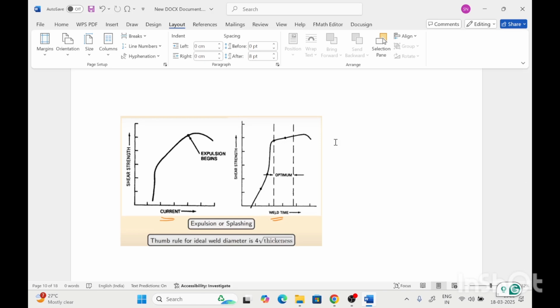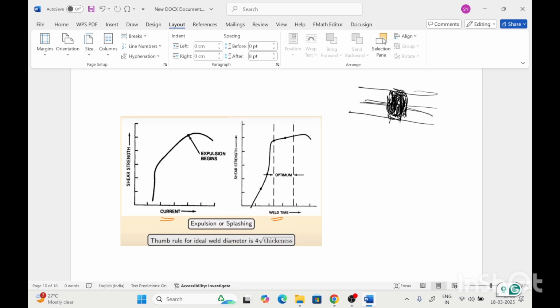Generally the shear strength comes in because if we see the welding joint between two plates, these are the two plates, and the welding joint is formed like this.